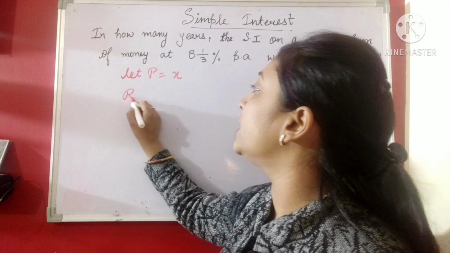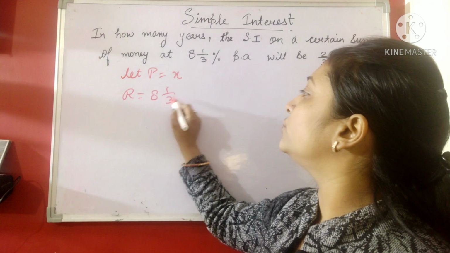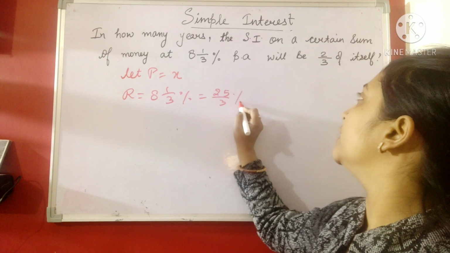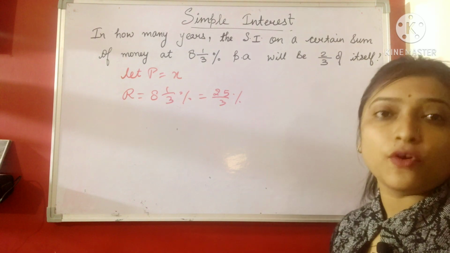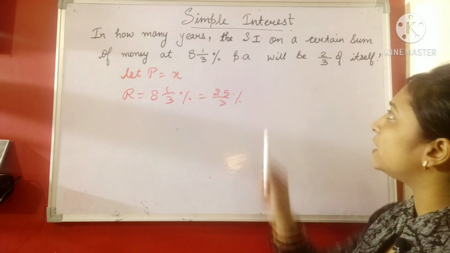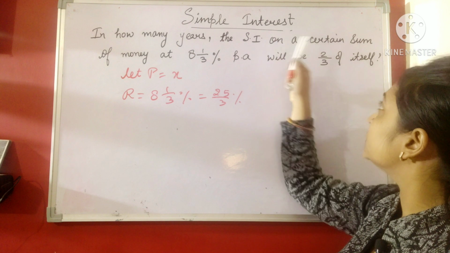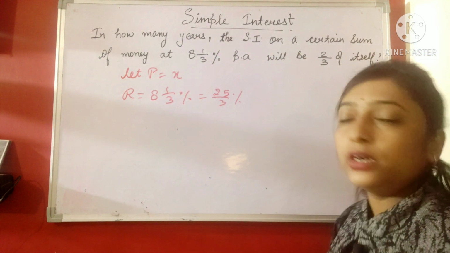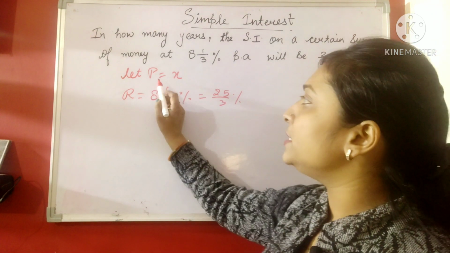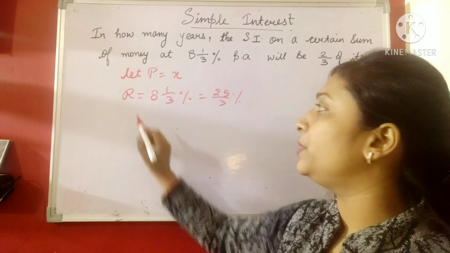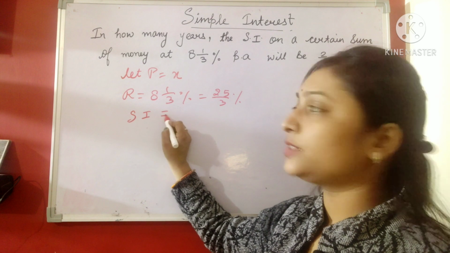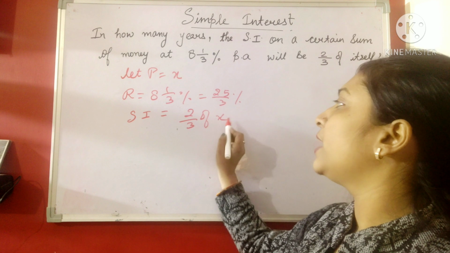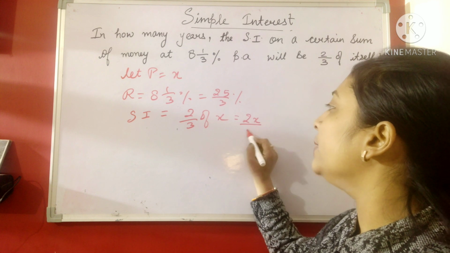That means the rate is 8 whole 1 by 3%, which is 25 by 3%, will be 2/3 of itself. What is this 2/3 of itself? We are talking about simple interest on a certain sum at this rate will be 2/3 of itself. That means if we have assumed the principal to be x, the simple interest will be 2/3 of it, which is 2x by 3.